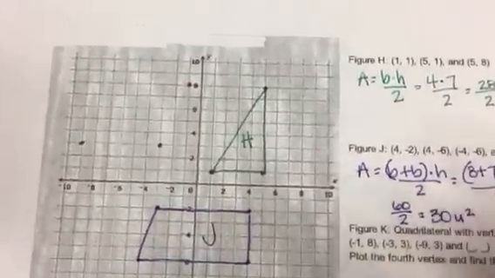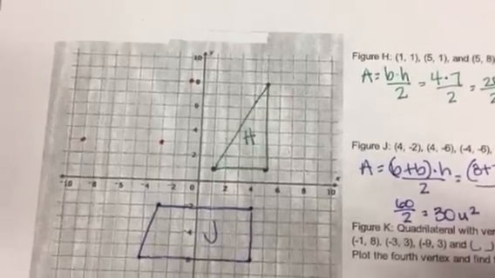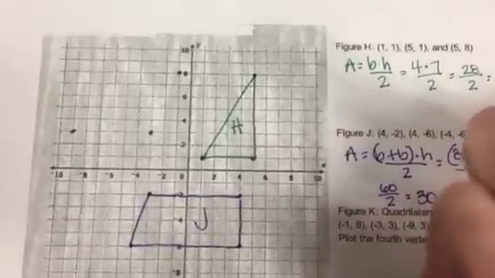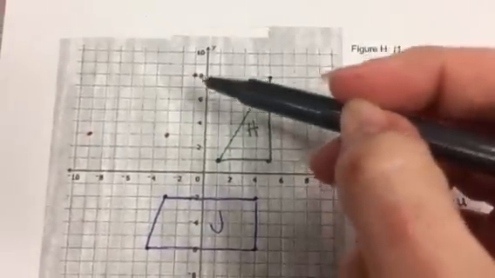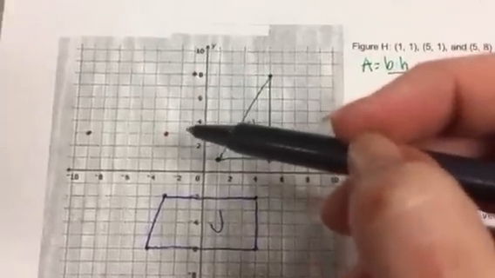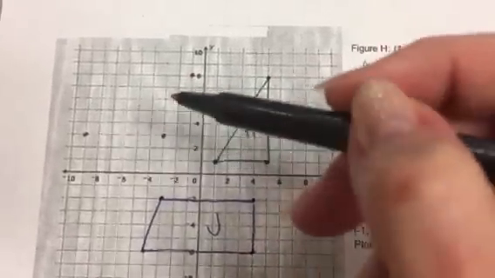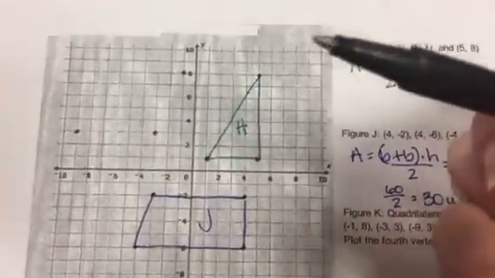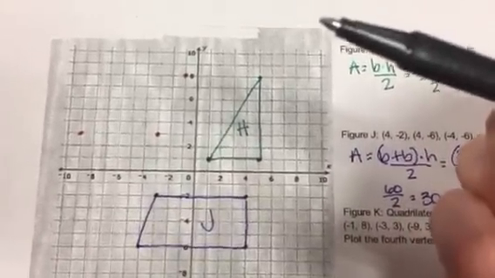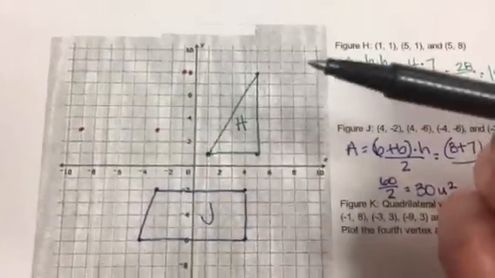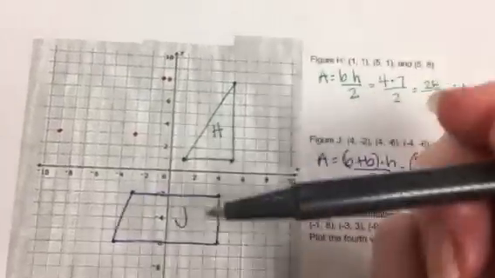So since it has to be a quadrilateral, I know this is not a triangle because it sort of looks like a triangle right now, but I know it's not a rectangle because if it were a rectangle, then these 2 dots would have to be lined up. So I'm going to assume it's probably a parallelogram. It could also be a trapezoid. Traditionally, you're going to get more common shapes like squares, rectangles, parallelograms, because trapezoids can be all different shapes and sizes.